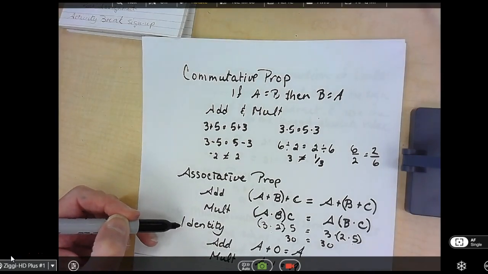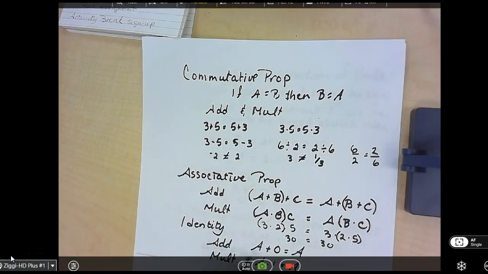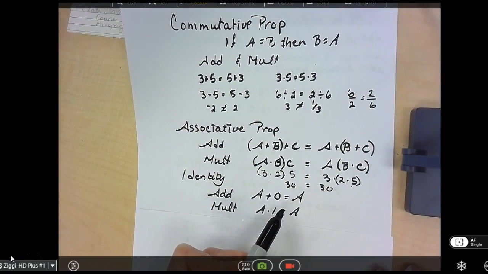Identity. If you want to keep your identity, you're not going to change anything about you. So in addition, what allows you not to change your number is adding 0 to it. In multiplication, what keeps the number the same is multiplying by 1.